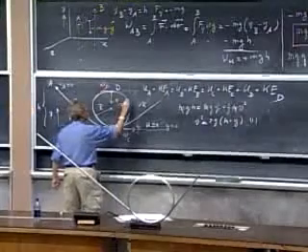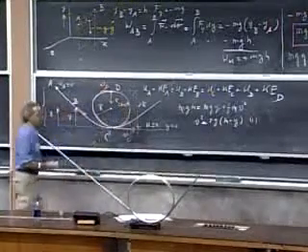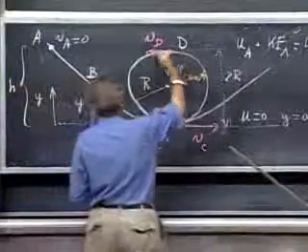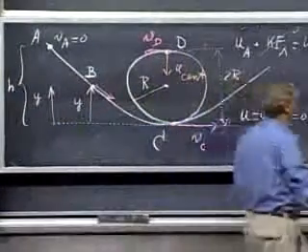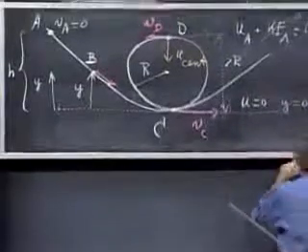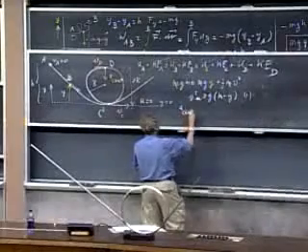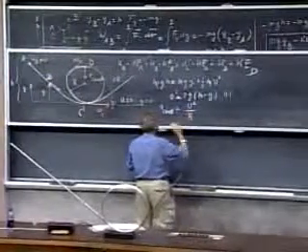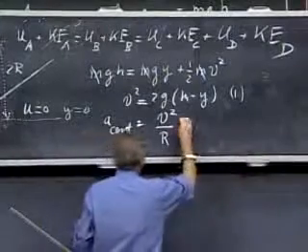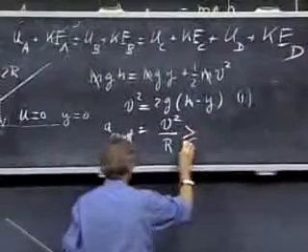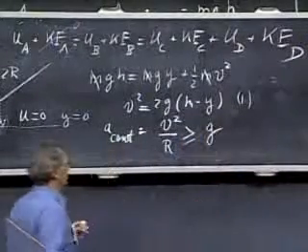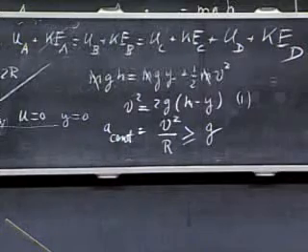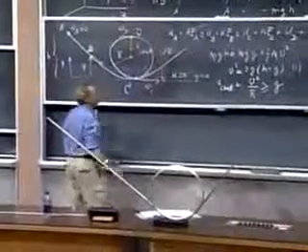That centripetal acceleration is a must for this object to reach that point D. And that centripetal acceleration, as we remember from when we played with the bucket of water, is v squared divided by r. And this must be larger or equal to the gravitational acceleration g. If it is not larger, the bucket of water would not have made it to that point D.